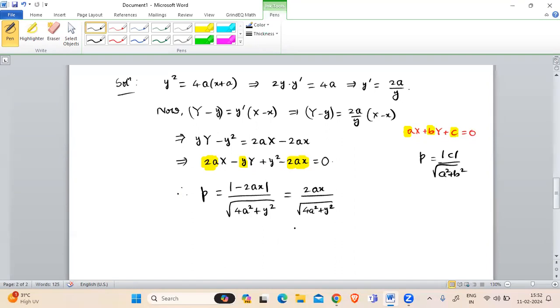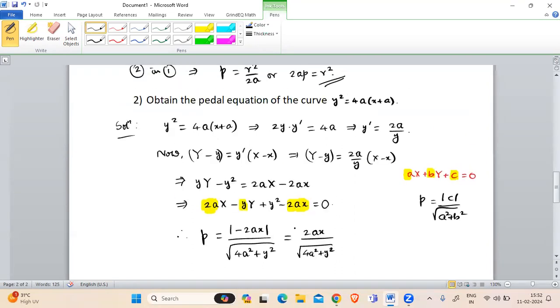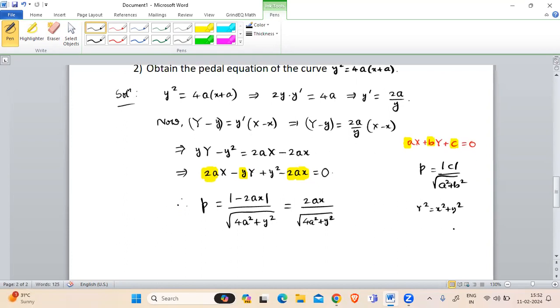Now once we have got p, what should we do next? We'll have to use this expression, compare it with the given equation, and also use the expression for r square as x square plus y square to obtain the pedal equation. To do that, we'll simply substitute y square as 4a into x plus a in this expression and proceed further.